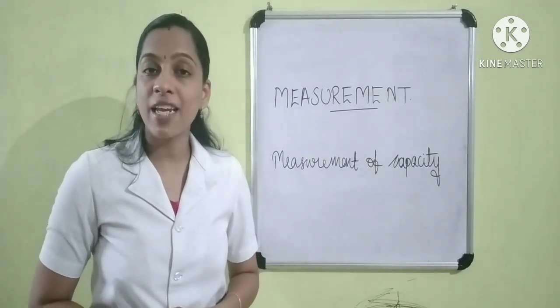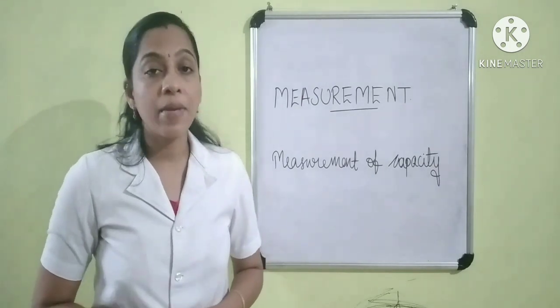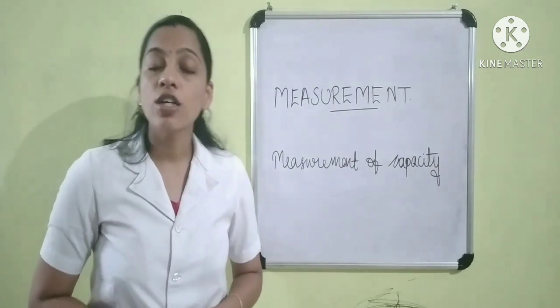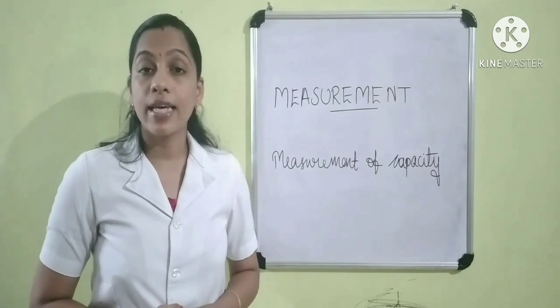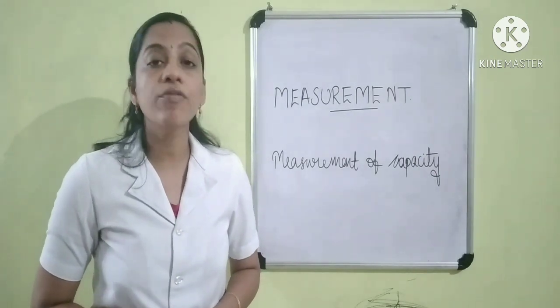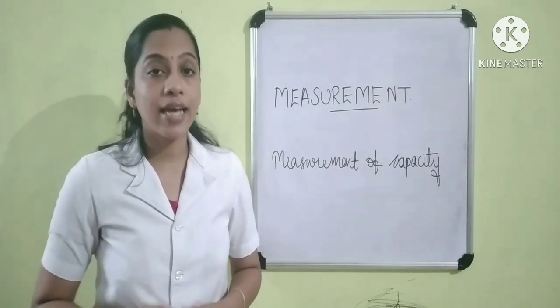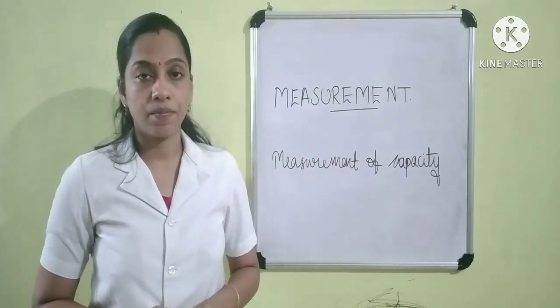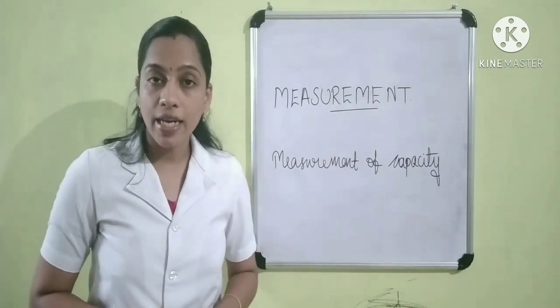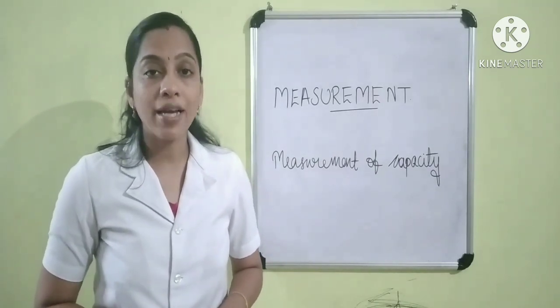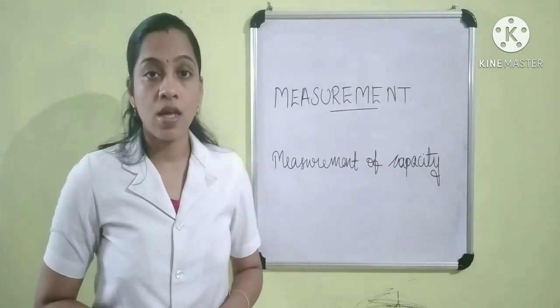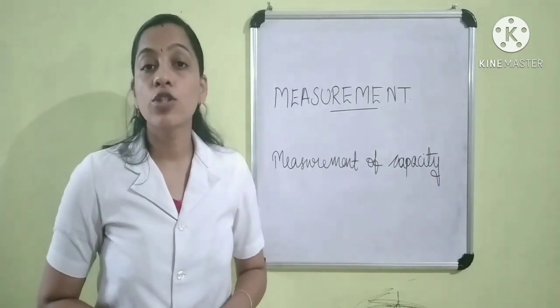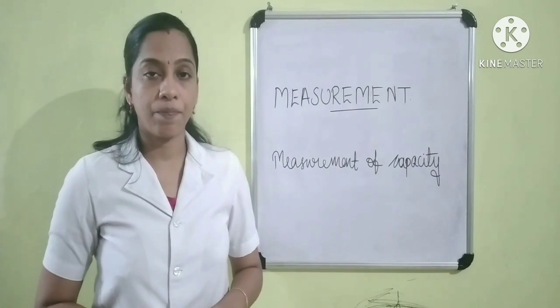The short form of centimeter is cm. Centimeter is used to measure short length. The second one, meter. Meter is a standard unit which is used to measure long length. And m is the short form of meter.